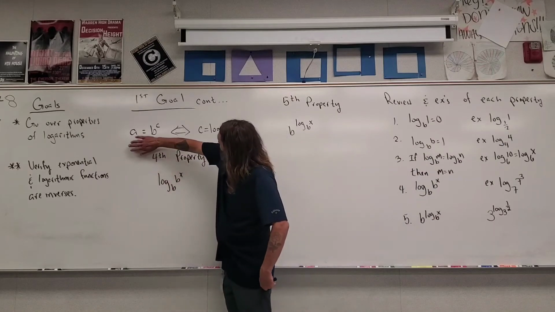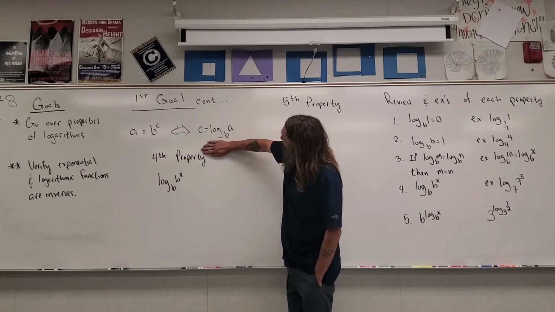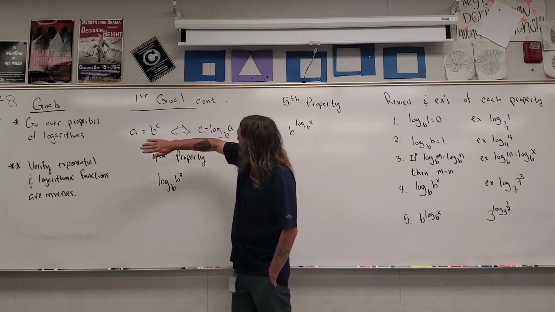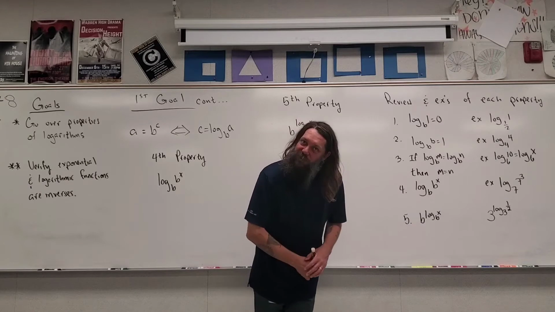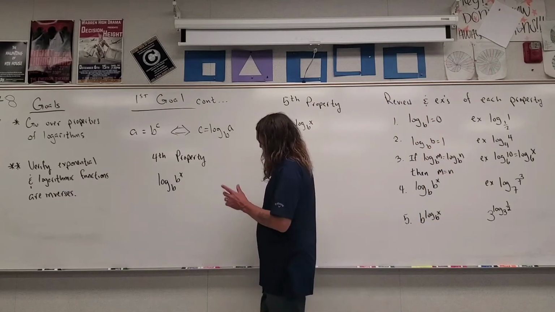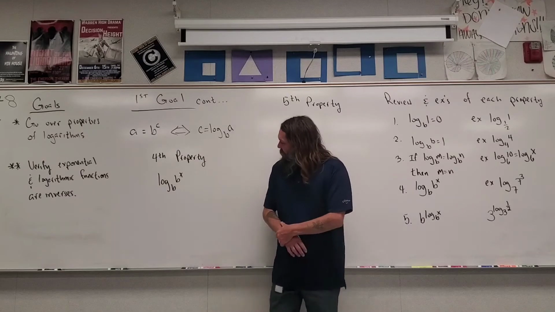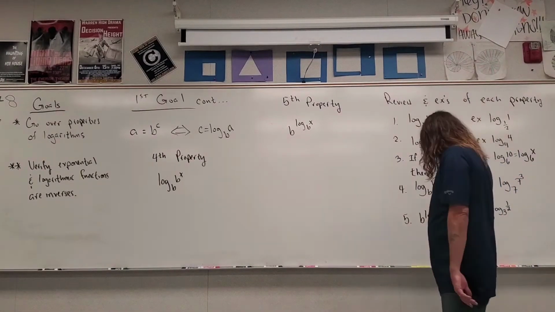I wanted to just remind you what an exponential looks like as it turns into a logarithm, and what a logarithm looks like as it turns into an exponential. Remember, logarithms allow us to isolate exponents. Okay, so our fourth property now. Again, I like to translate this. Log base b of b to the x, that means nothing to me.